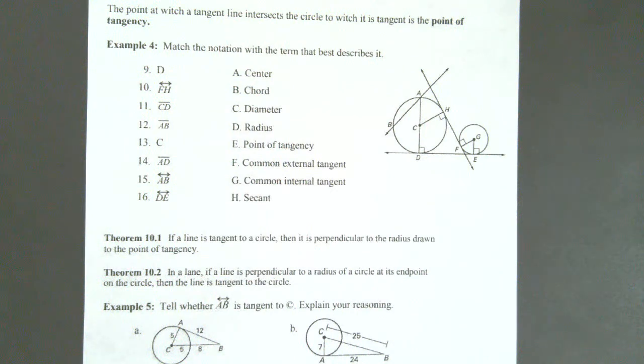That would be a secant line. So 15 is letter H. And then 16, line DE, that is a common external tangent. So 16 would be letter F, as in frog.